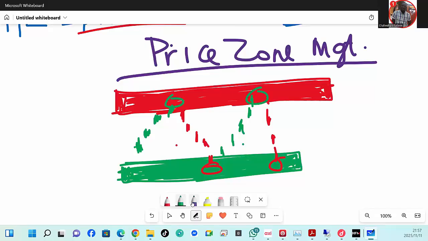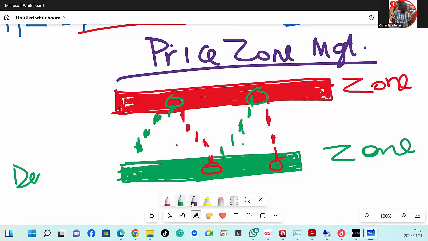So we are now calling them zones. This one is a price zone. This one is a price zone also. We call this green one the demand zone, and we call the red one the supply zone.